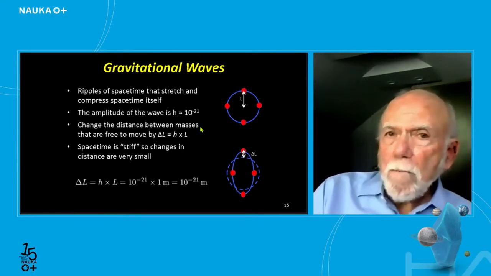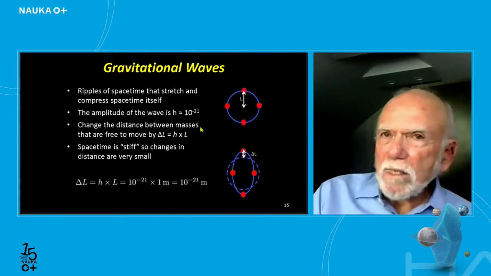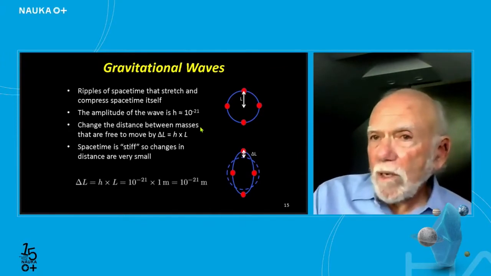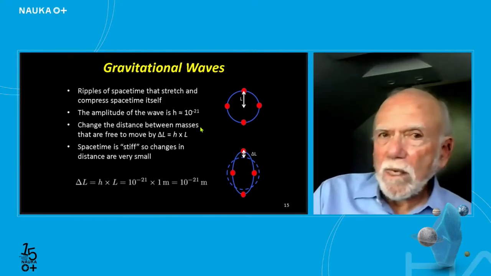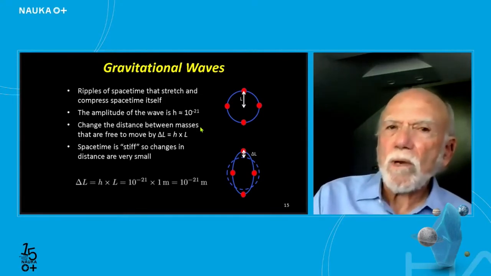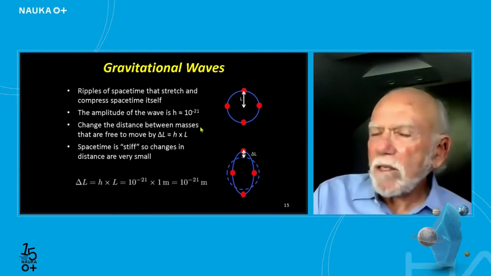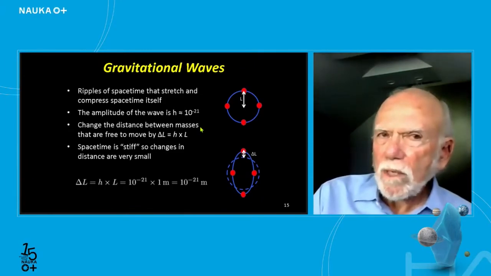However, this picture is fine, but space itself, fortunately for us who live in it, is very, very stiff, you might say. And so the distortion is incredibly small. And that's why it took so long to detect gravitational waves.